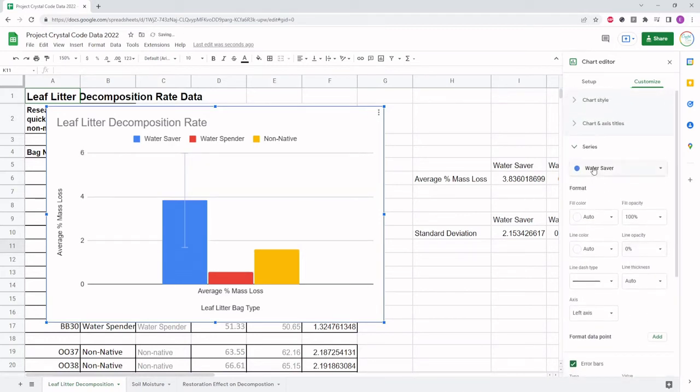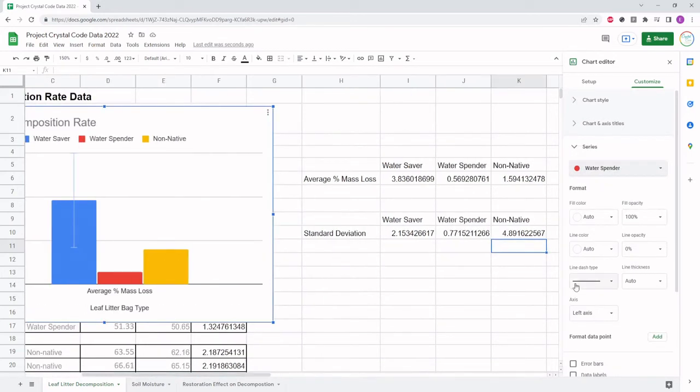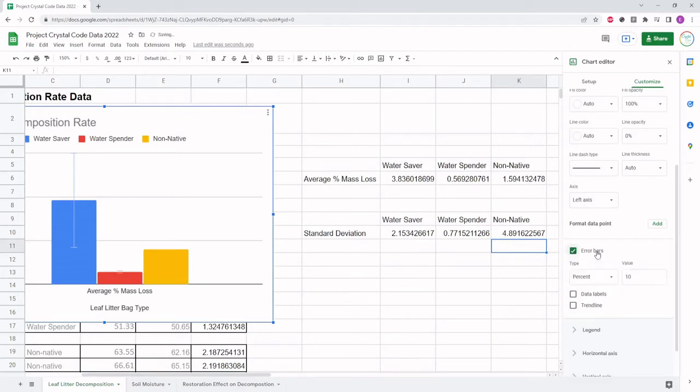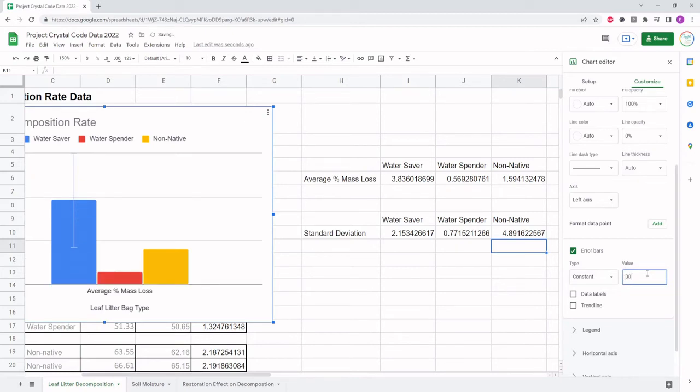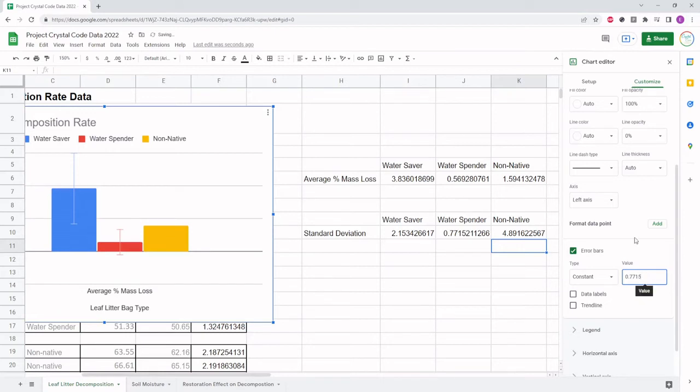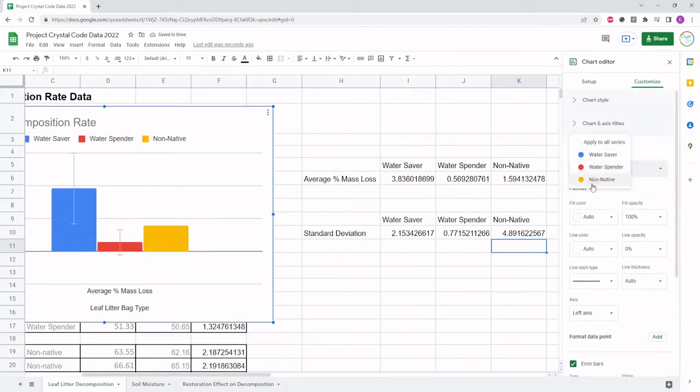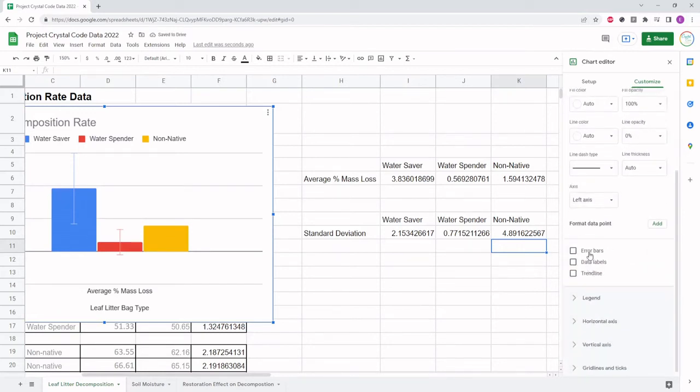Next, I'm going to go back, and under series again, we're going to go to water spender and add in the standard deviation to our water spenders. So just like before, we click on error bars, click on constant, and add in our new value, 0.7715. And then lastly, we have one more graph, our non-native plants.